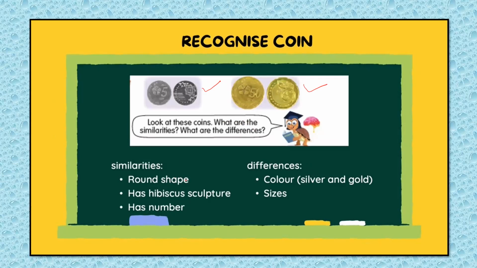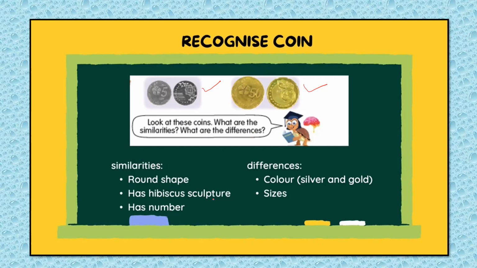One is round shape. Similarity means the same. That is what we call similarities. So one is round shape, both have round shape. And the second similarity is both have the hibiscus sculpture.